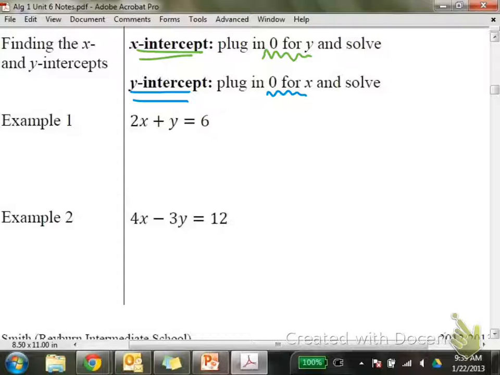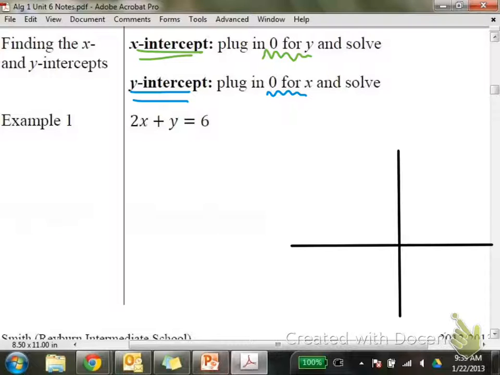We are only doing one example. We are going to find the intercepts and graph that one. So write down example 1, and then we will finish it in just a second. Example 1. We want to find the x and y intercepts and graph. The way that I find x and y intercepts is I always first make a t-chart.